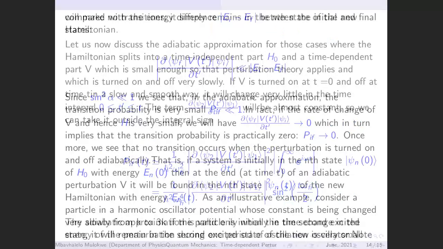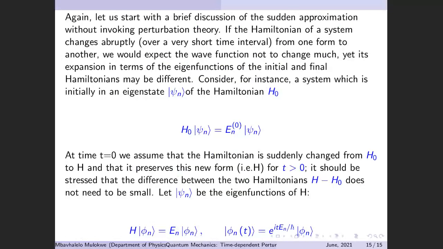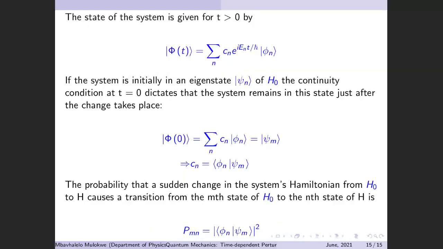And the other case that we will have to look at is the sudden approximation. So for the sudden approximation, you have this Schrodinger equation, which you can solve, but say you started with some state psi m, which can be expressed in terms of this basis.